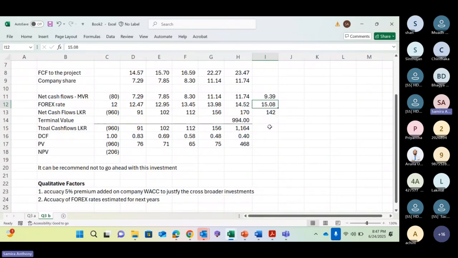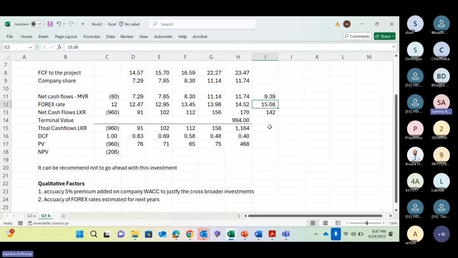Right. Now, when the examiner asks about qualitative factors to consider, the first thing is whether the application of the 5% premium on WACC is correct, then the accuracy of forex rate estimation, right? Those are the major things you need to consider.